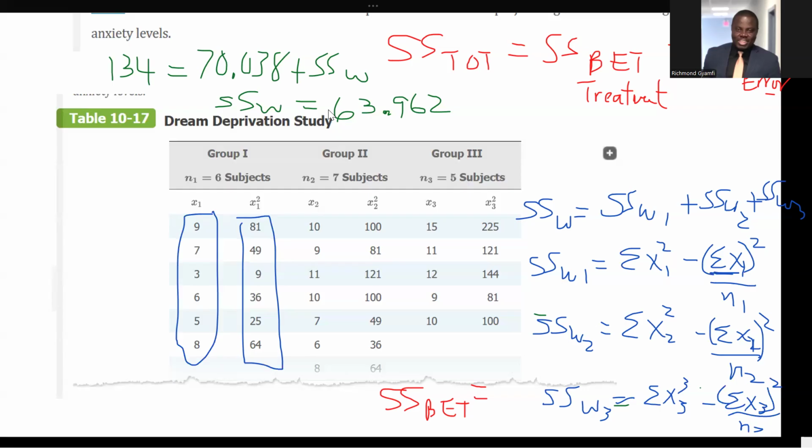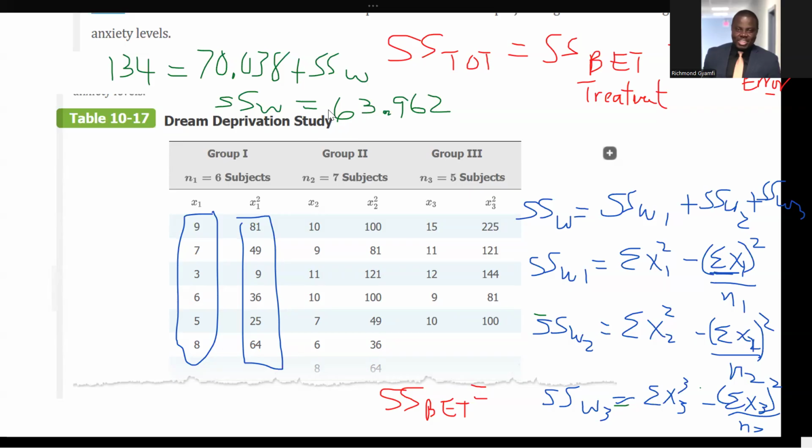When you do that for SSW1, you should get 23.333. For group 2, following the same steps, you're going to get 19.429. For group 3, you're going to get 21.2. And that should add up to 63.962, which you already got from the top.